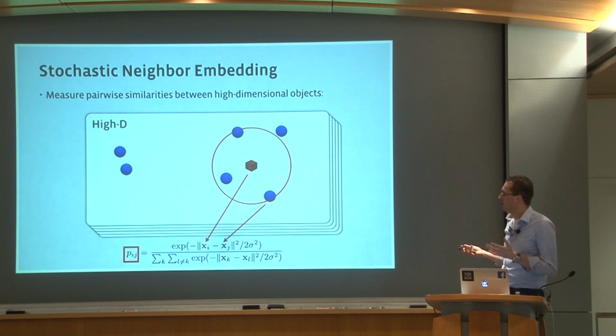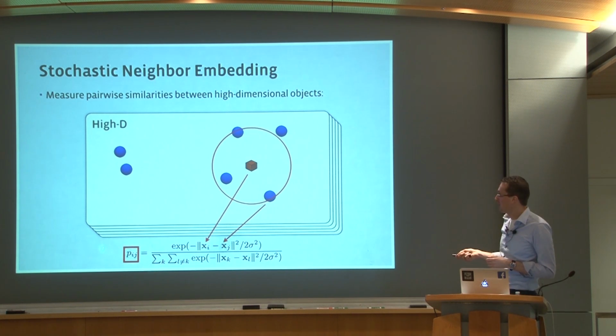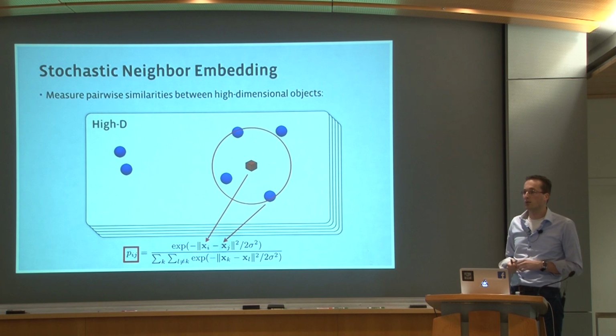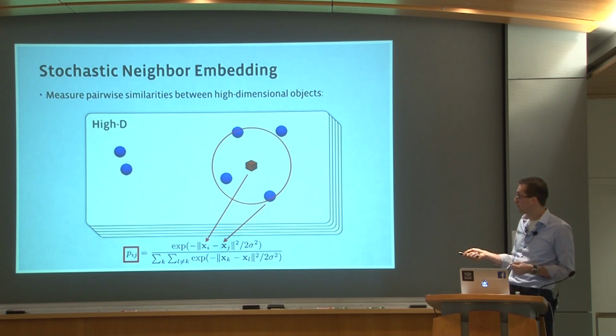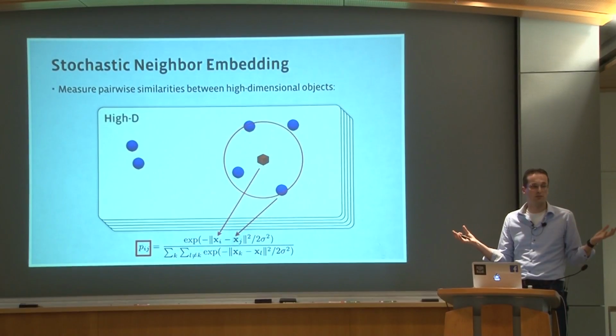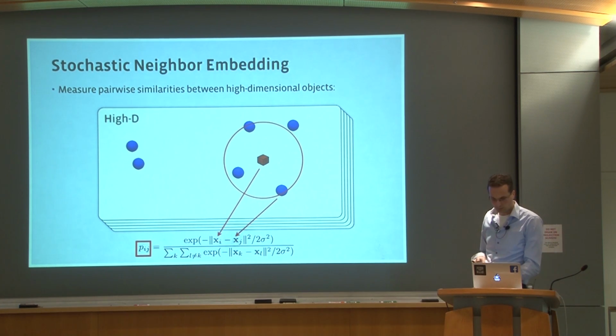This gives us a kind of probability. It gives us a distribution over pairs of points, ij, where the probability of picking a pair of points is proportional to how similar these points are. So if I draw from this distribution, there's a good chance that I will pick two similar points, but the chance of picking two dissimilar points is virtually 0.